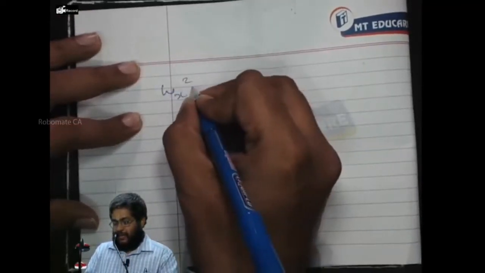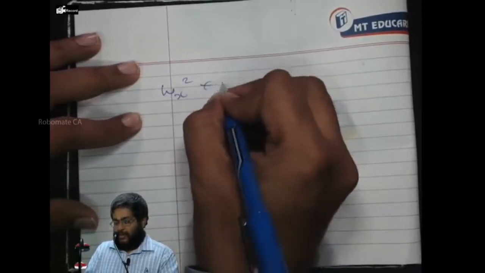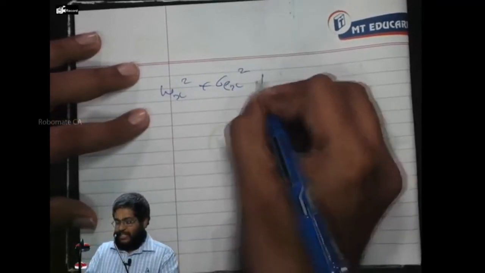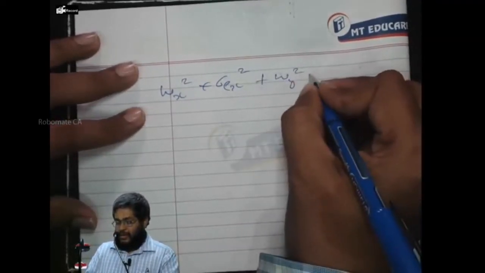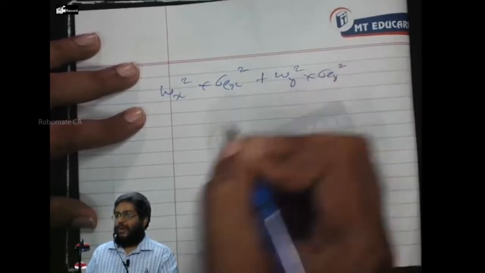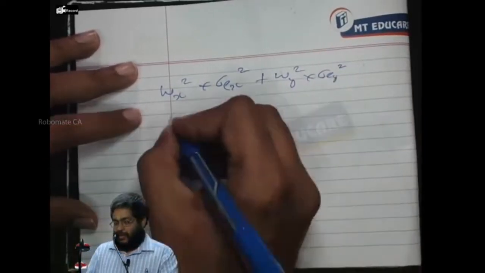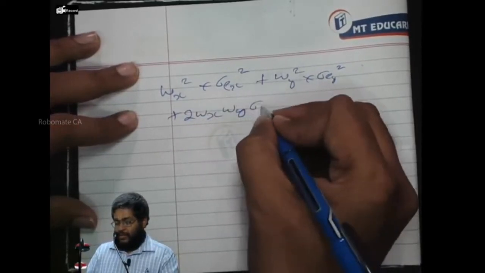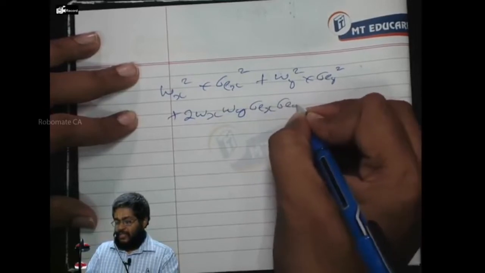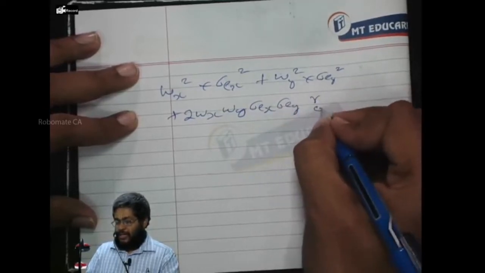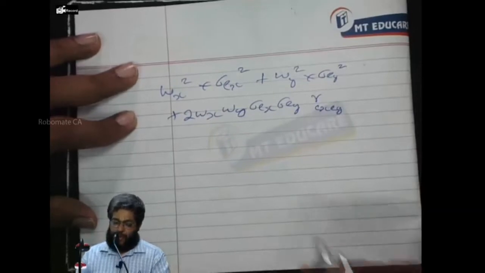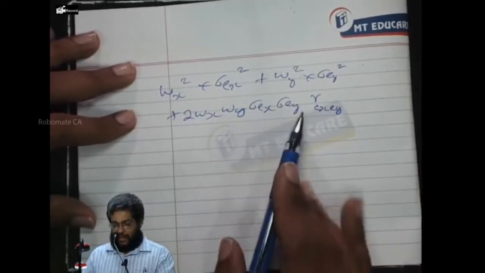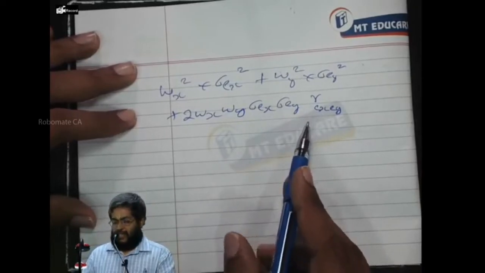Wx square into sigma Ex square, plus Wy square into sigma Ey square. Now in a portfolio, plus 2 into Wx into Wy into sigma Ex into sigma Ey into correlation of error of X, error of Y.